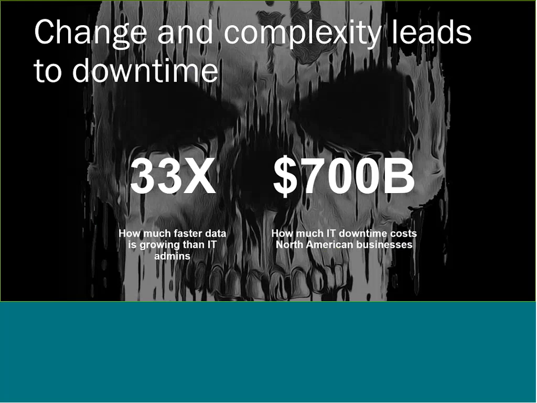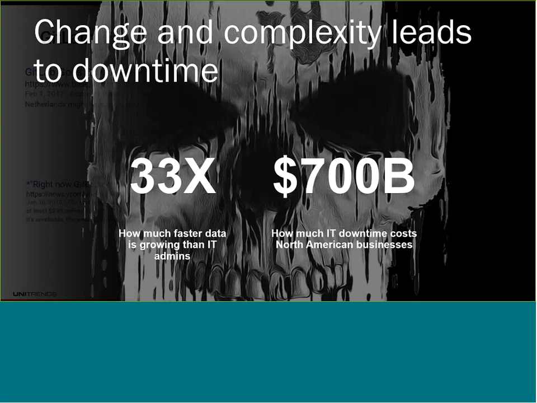But you could also look at things like virtualization and other technologies, hyper-converged technologies within the platform, software-defined data centers, cloud, and how those workloads are becoming more mobile. There's just tons and tons of changing things that are adding complexity to IT, and ultimately a lot of that complexity and keeping up with that leads to downtime. And that's why you're seeing $700 billion in downtime costs in North America alone last year.